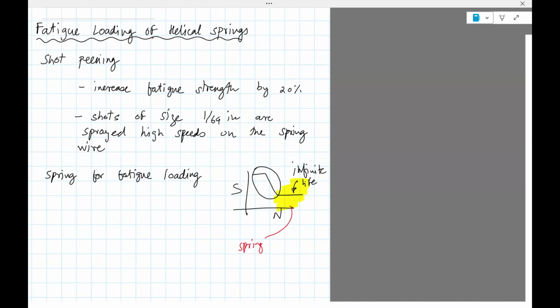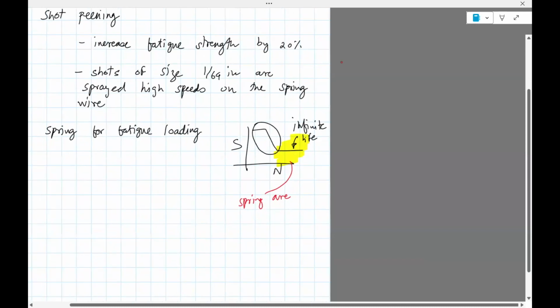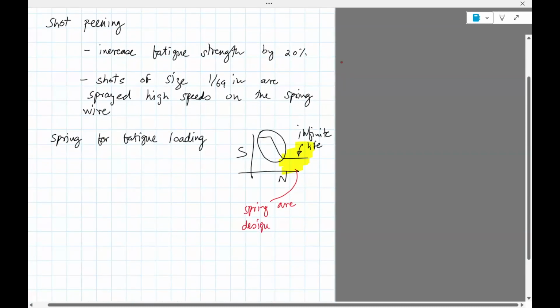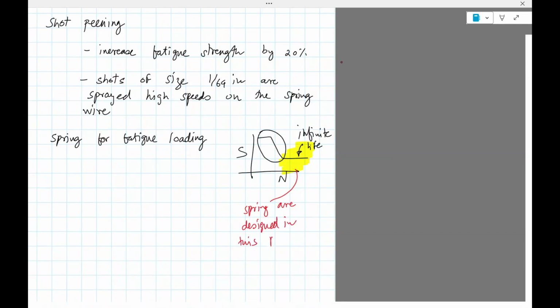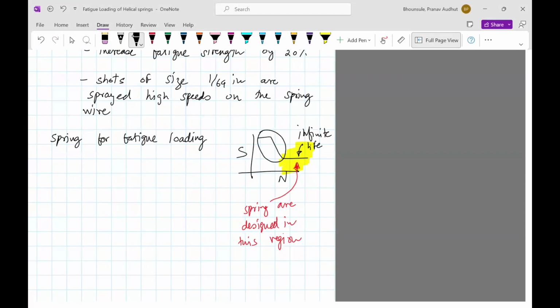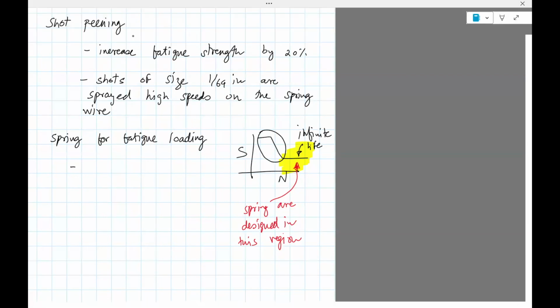Springs are always designed for infinite life.